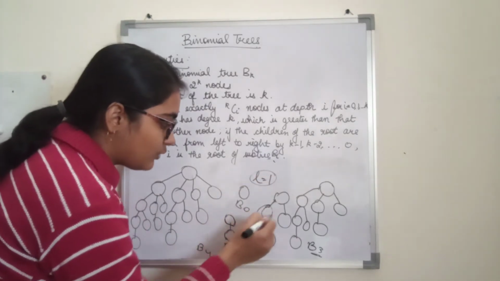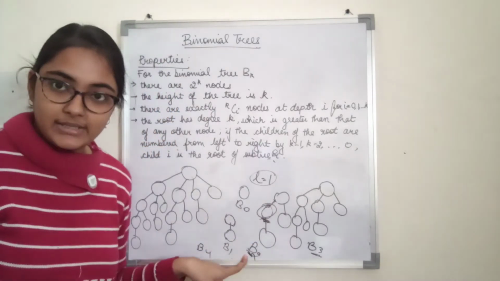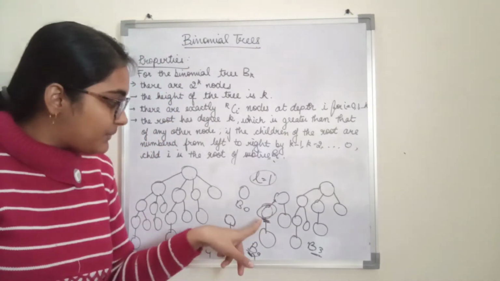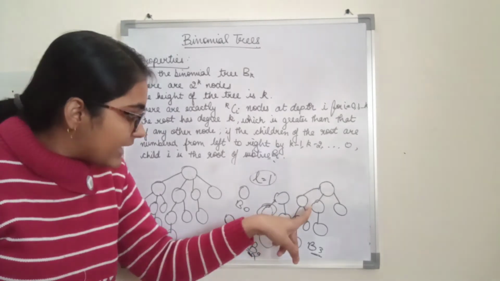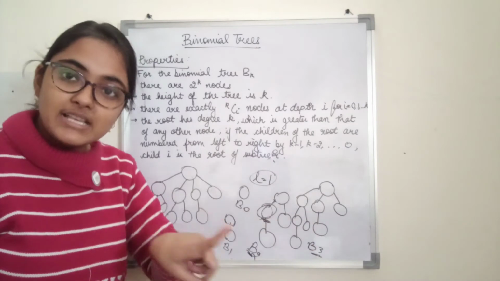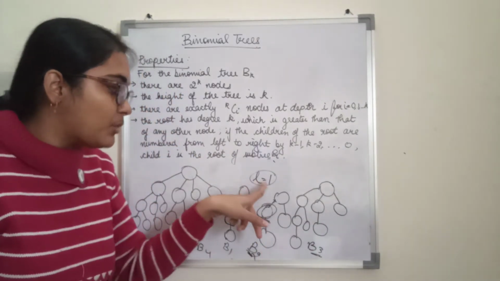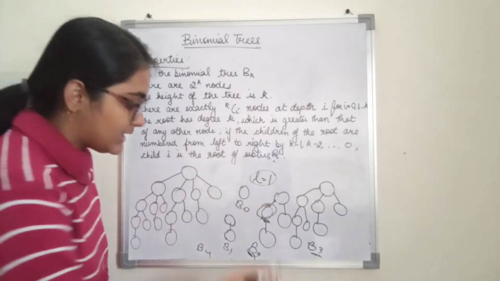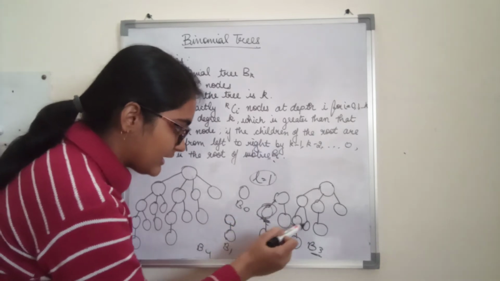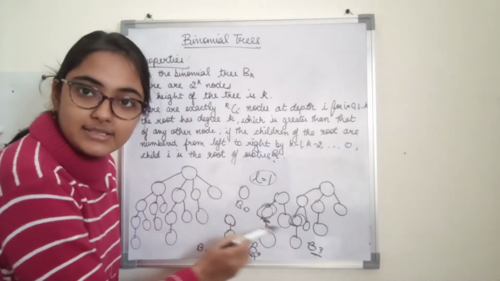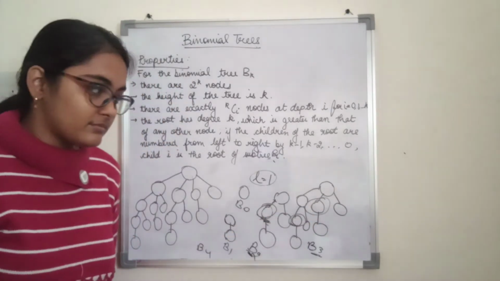So this node, if it appears in b(k-1), that is b2, at depth i, appears once at depth i in b3 and once at depth i plus 1. That is, this node will appear once at depth 1 and once at depth 2 in b3. Where is this node appearing? Here. These two are the same node, right? And this node is also appearing here, right?